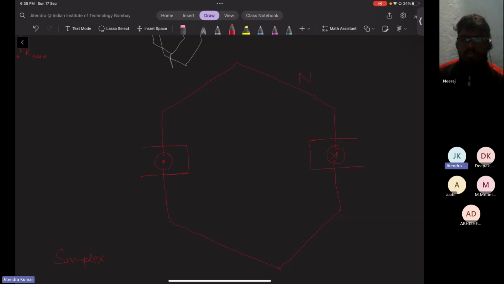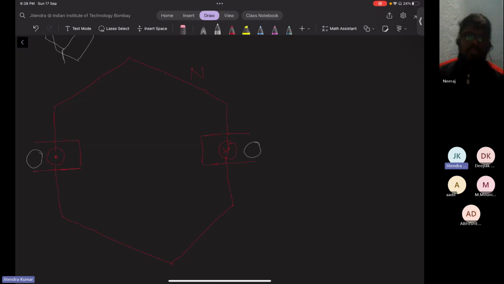But when you want to use these slots more efficiently, then what you can do, you can connect, you can place another coil.